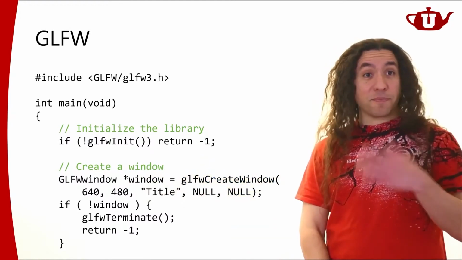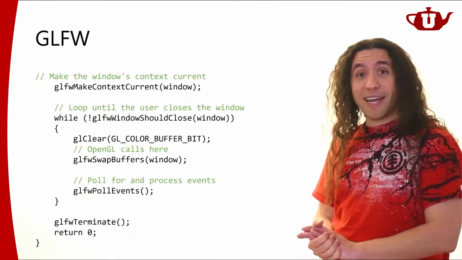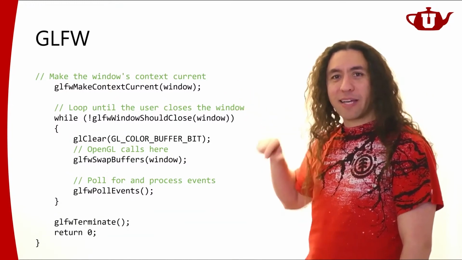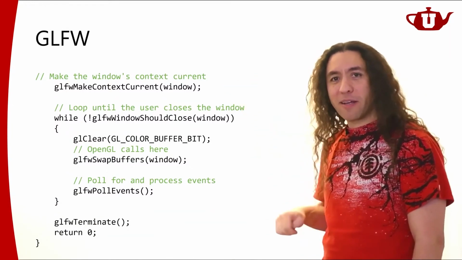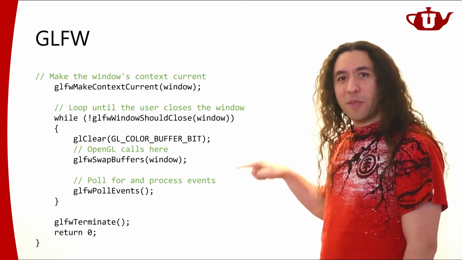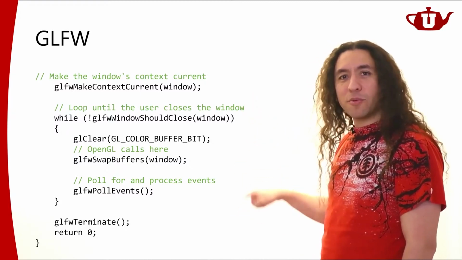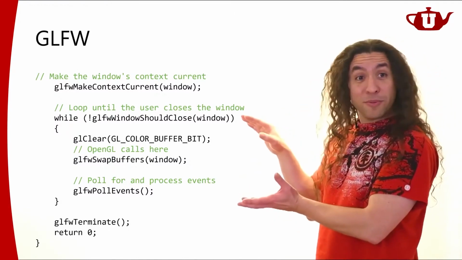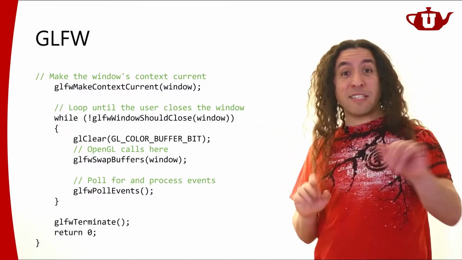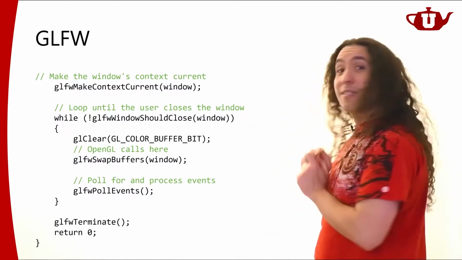But after that, we're going to set the main context. And so this window is going to be our main context. And then we're going to be having this loop. Now, this is very much like the GLUT main loop, but the GLUT main loop is hidden from you. This one is not hidden from you.